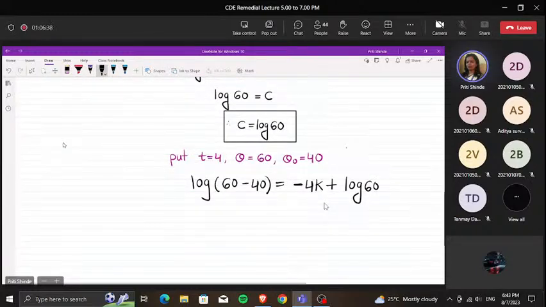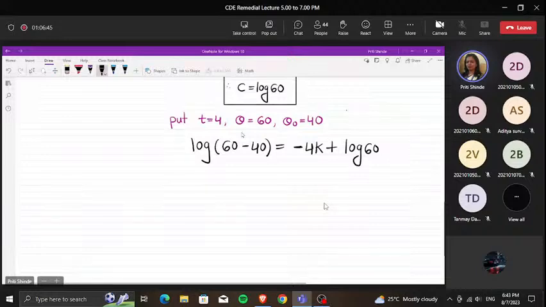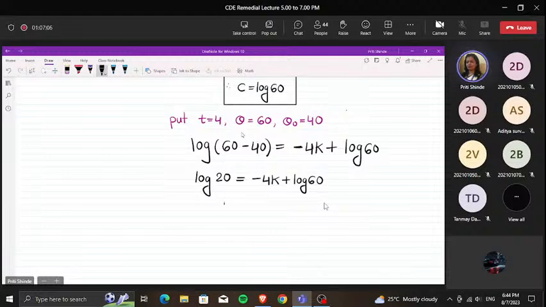Just replace the values of theta, theta 0, and c. Now we simplify to get the value of k. Log of 60 minus 40 is log of 20, so the left hand side is log of 20 equals minus 4k plus log of 60. So 4k is equal to log of 60 minus log of 20.